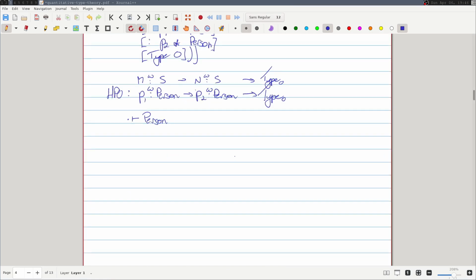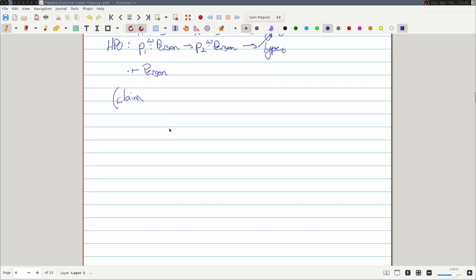No, that's okay, because here, has power over is not a good example. What's a good example? Class. Class is a good example. So we want to claim that class is of type 0.